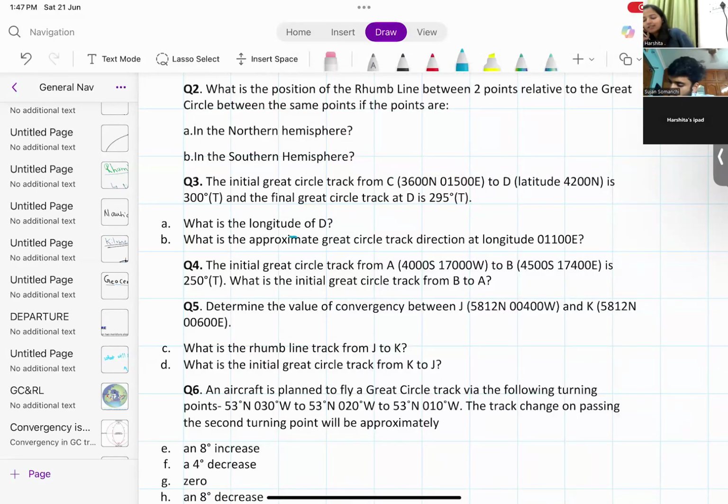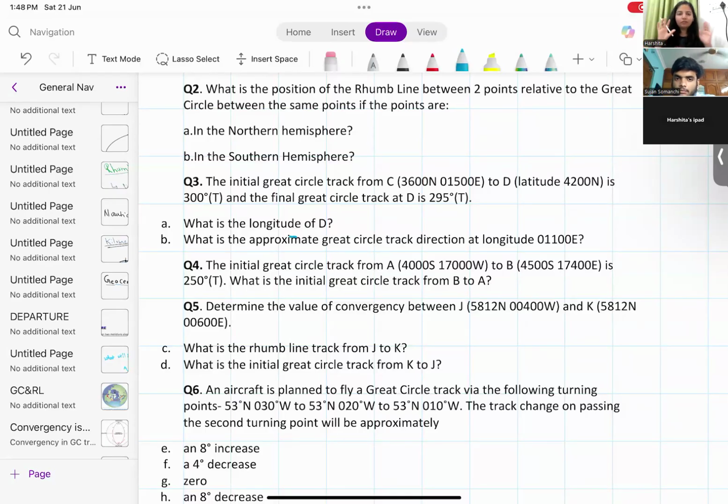The initial great circle track from this point C to this point D is this one. The final great circle track is given, and then they are asking you the longitude of that point, and you have to tell the approximate great circle track direction at this longitude. Can you make the diagram?